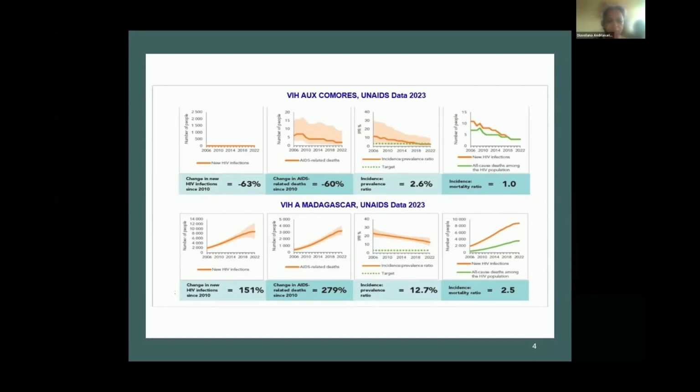I think there are only 2 countries in the world with a situation like Madagascar now. And the change in AIDS-related deaths since 2010 is 279%. And the incidence prevalence ratio is now 12.7%. The incidence mortality ratio is 2.5. So this is a big challenge.